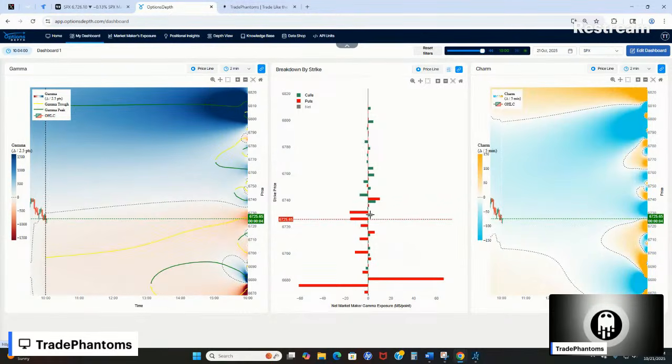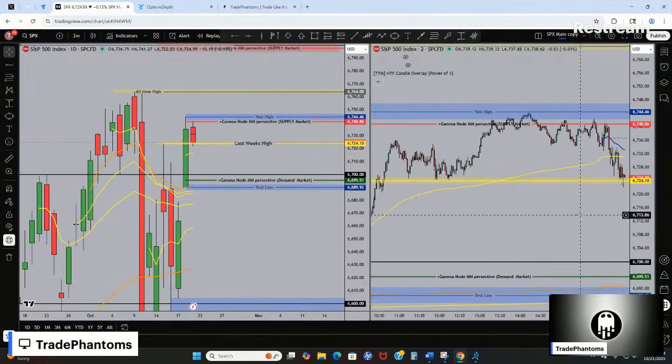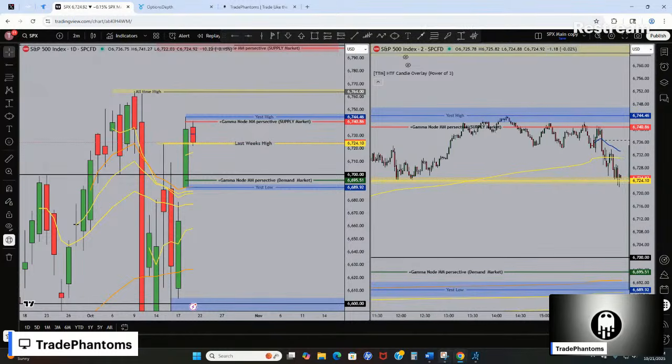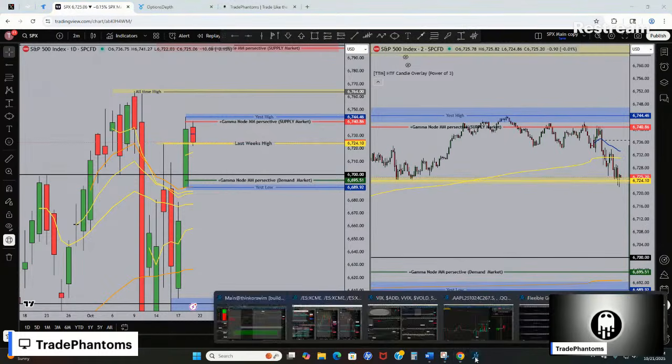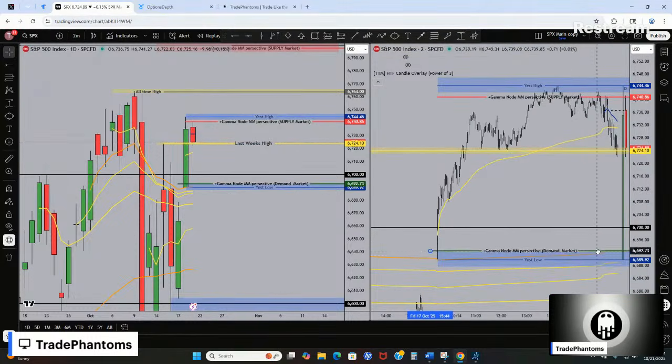Now I've got so many things in my head. What was I talking about? Oh, 6,700. It's not even really a positive gamma node there at all. 6,680, interesting. So that dropped down to about 80.